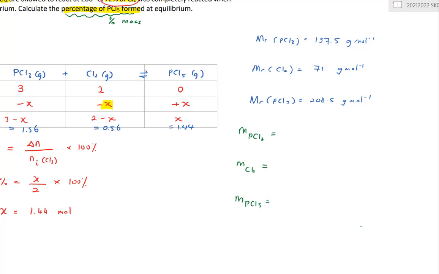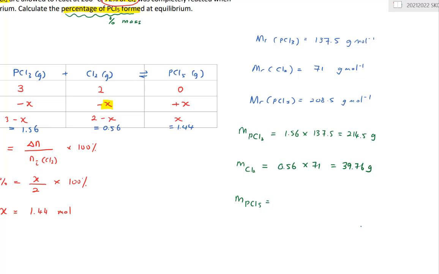Alright, so for the mass of PCl3, using the number of mole 1.56 times its molar mass 137.5, it gives you the value of 214.5 gram. And then for the mass of chlorine, using the number of mole at equilibrium 0.56 times 71 gram per mole, you got 39.76 gram.